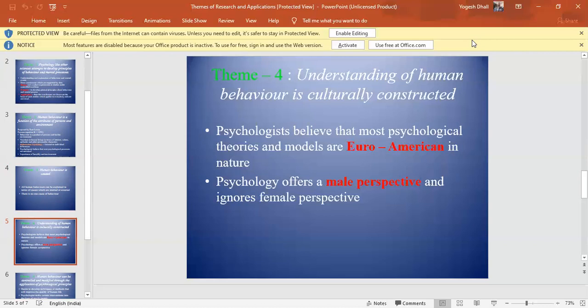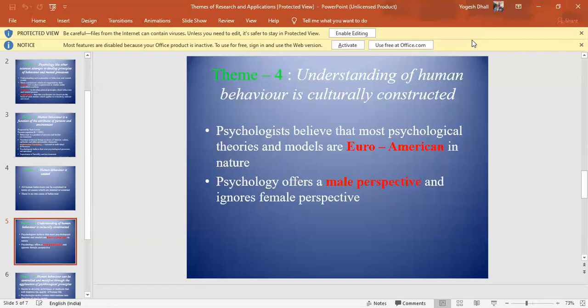as they have made all the theories based on the people living in that particular area, as the thinking of those people is totally different as compared to people living in Asia or Africa. So, what's the solution? Many psychologists have developed many theories according to their own culture.